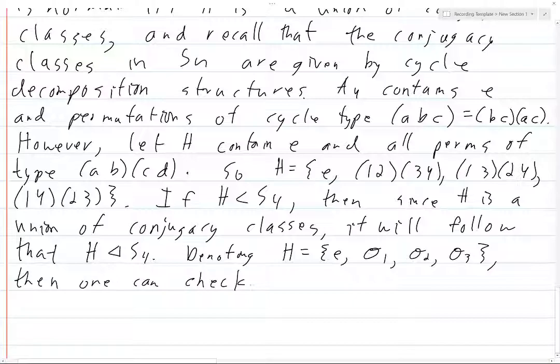So anyways, one can check that sigma i times sigma j equals sigma k, where i, j, and k are distinct elements of the indices 1, 2, and 3.